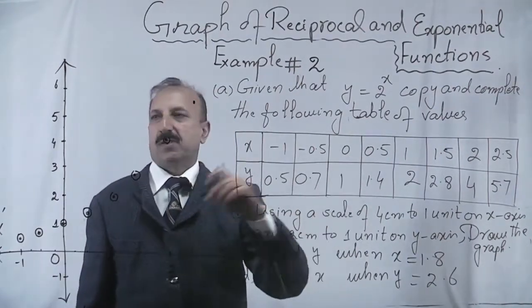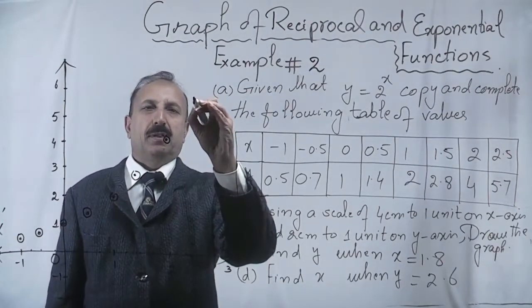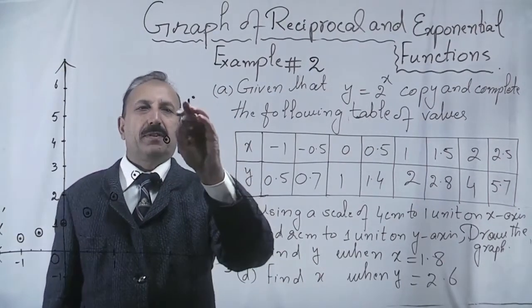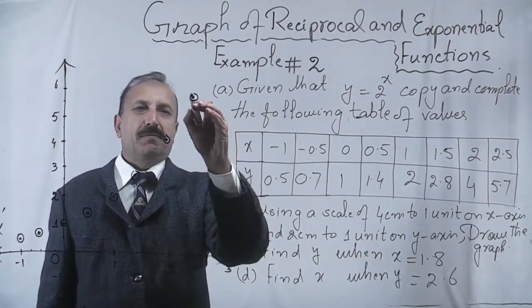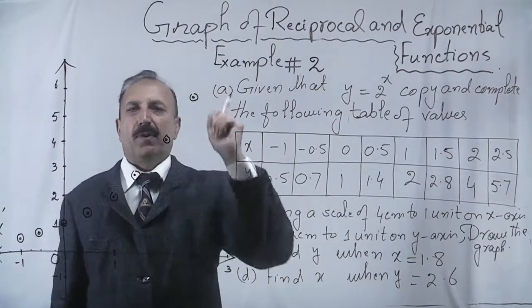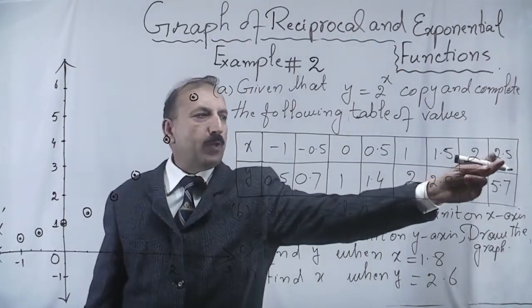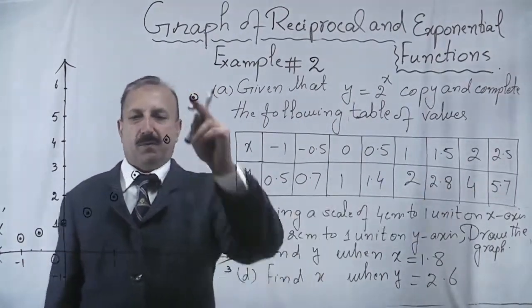No, this is 5.7, sorry, 5.5 here. We need to move a little higher than this one. This is 5, yes, and this is 5.7, with 5.5 here. The point is x is 2.5 and y is 5.7.